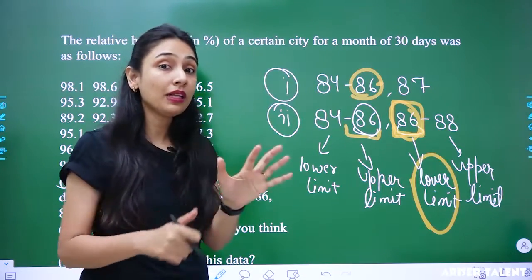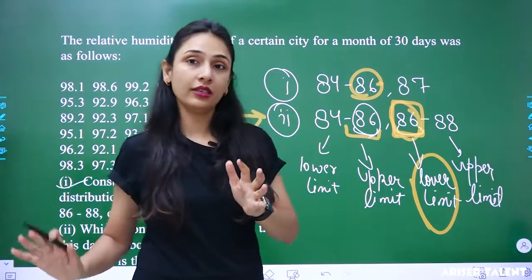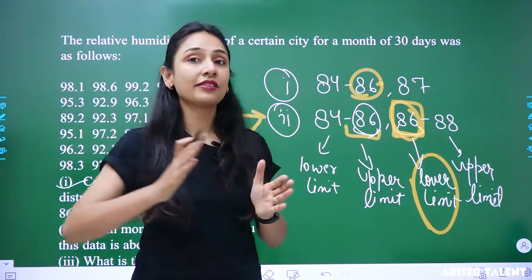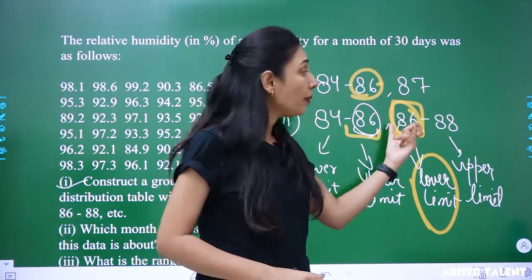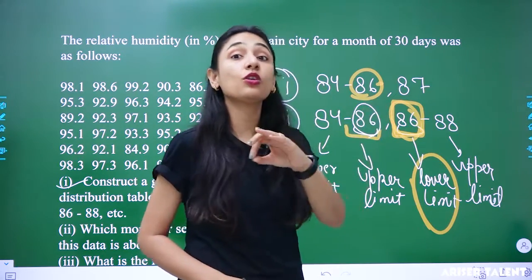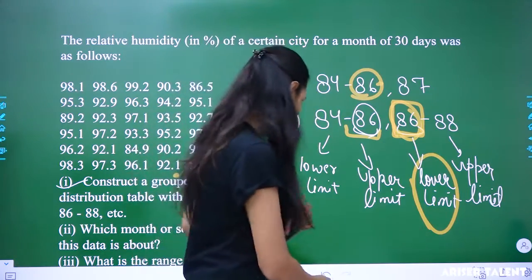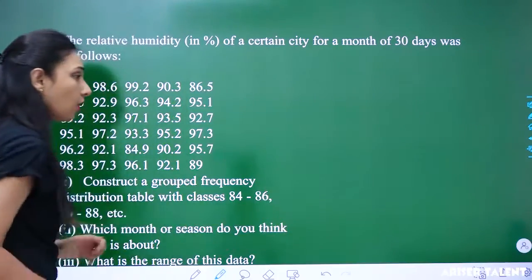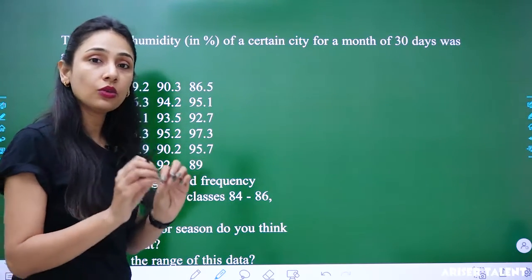That means the upper limit of such groups will be excluded. Similarly, for this category, we will be counting from 86 to 88 but not 88. We will be excluding 88. Correct? Now, clear about the range, clear about the upper limit and lower limit.